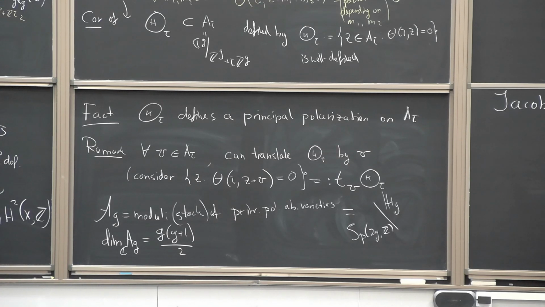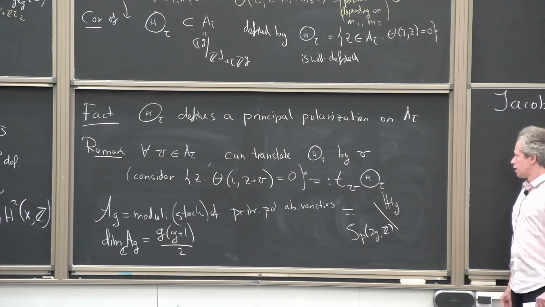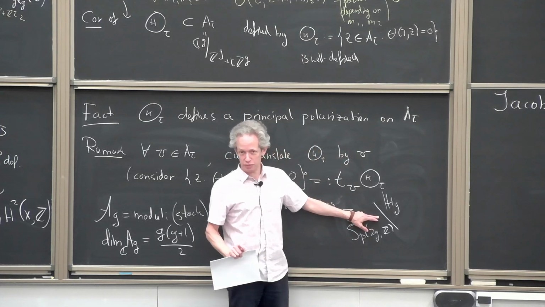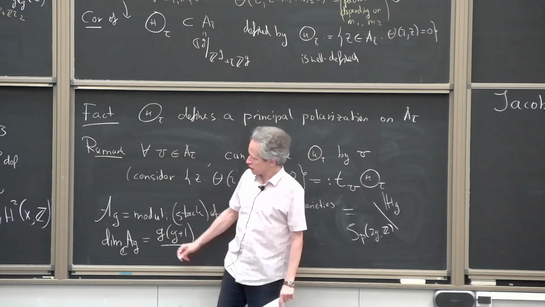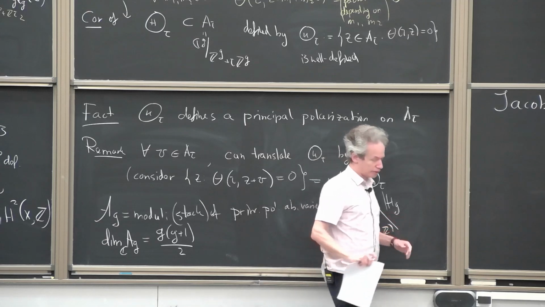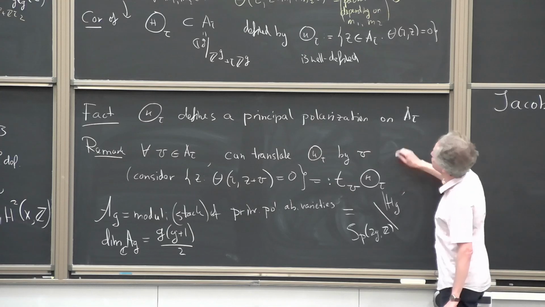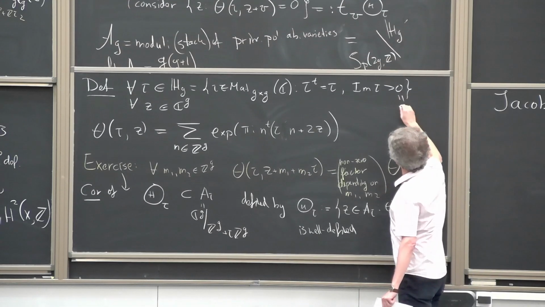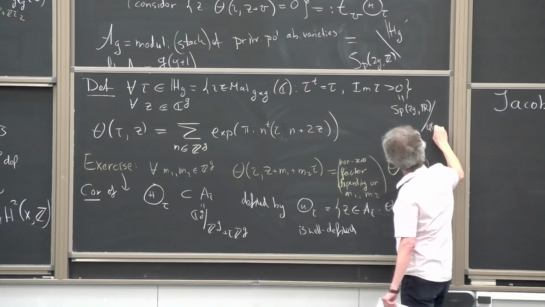Yes? Because I'm more used to writing it this way, but I have already made many mistakes about left or right. So if I write this on the left here, I should write tau on the left or right correctly. The Siegel upper half space is really a locally symmetric space. It's a quotient of Sp_2g. I will admit, but not in public, that the Siegel upper half space is really Sp_2g(R) quotient by U(g).